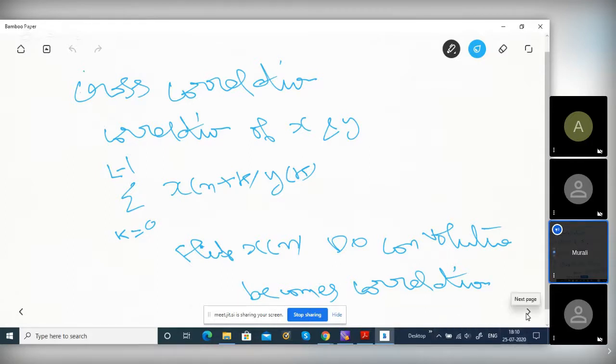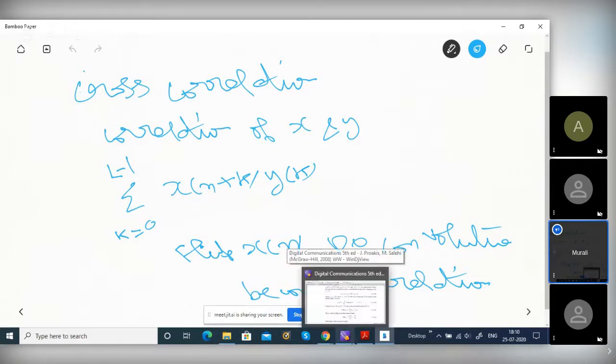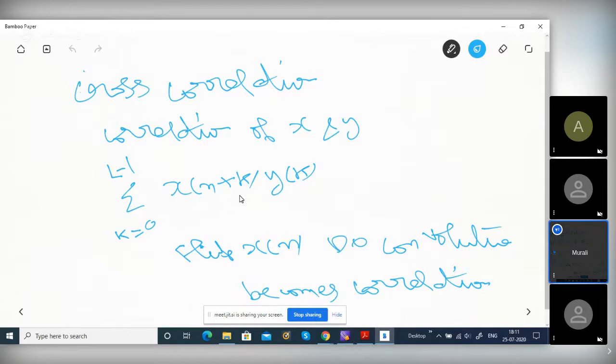Convolution and correlation, what is the relation? See, instead of n minus k, here n plus k is there. So you flip the first one and do a convolution, because n plus k means n minus of minus k. The first minus is convolution, then the second one is flipping.